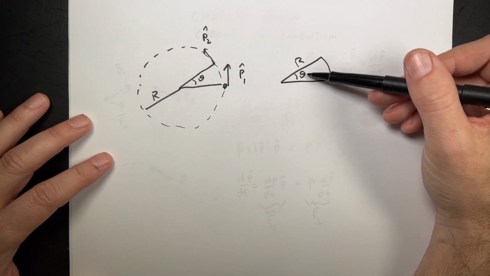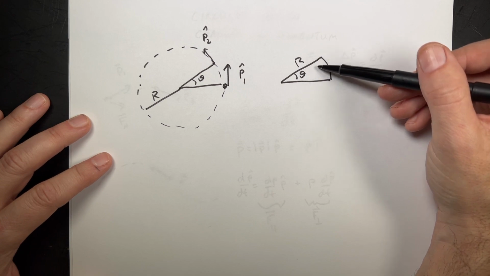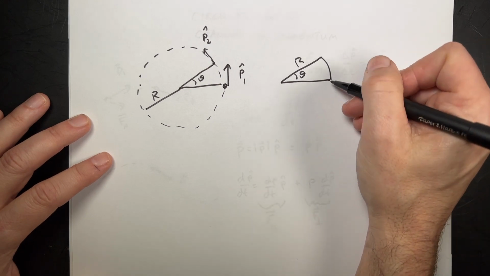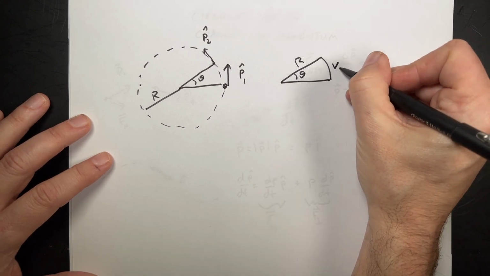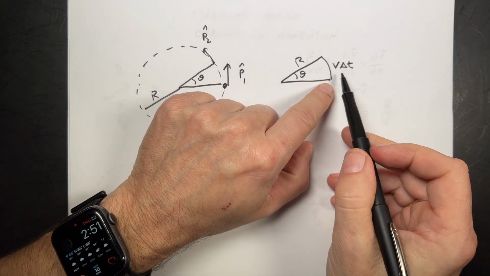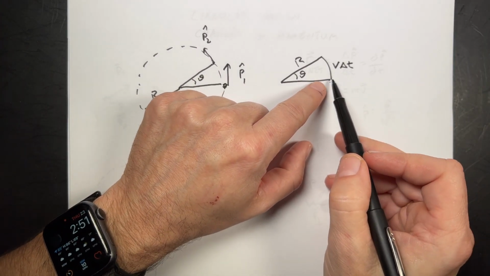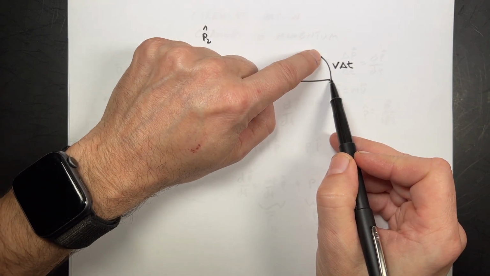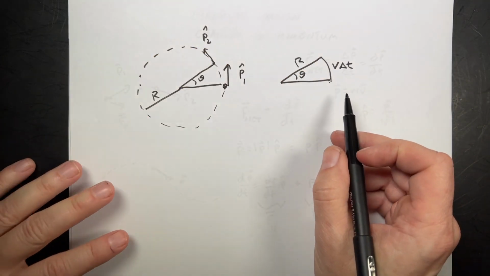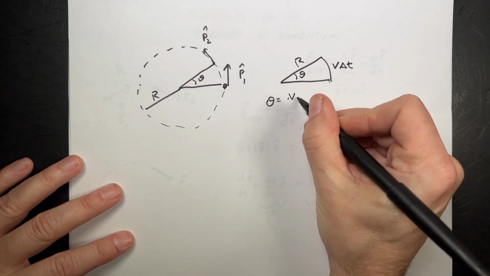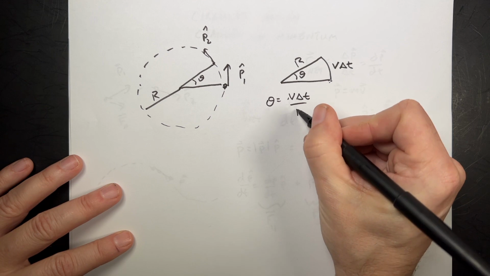Yeah, r theta is the arc length. Now how long is this? Well, let's write this as v delta t, because if it's moving with some speed v over some time interval delta t, then that's how far it's going to go. It's going to go the distance of v delta t. So I can say theta is equal to v delta t over r.